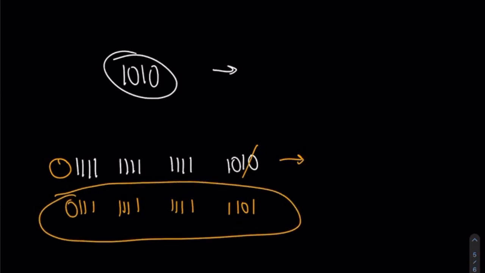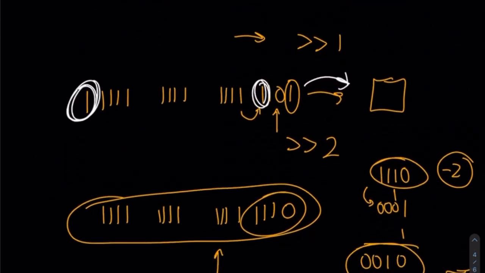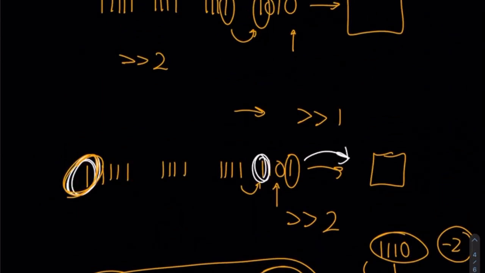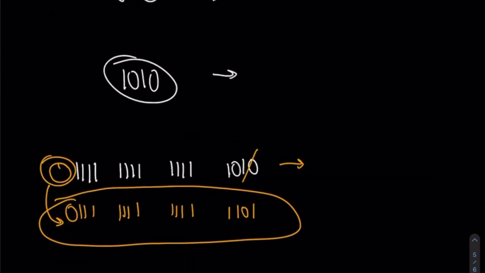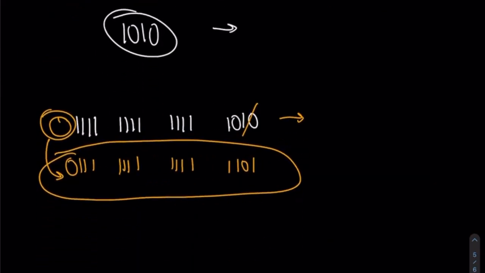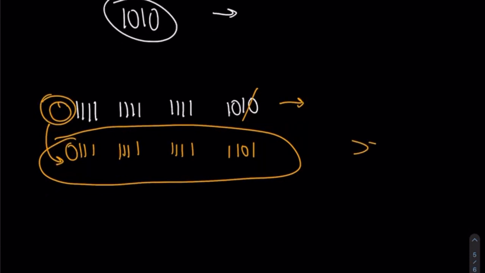Notice how 0 was added to the most significant bit and not 1, unlike how we did for the signed right shift operation.